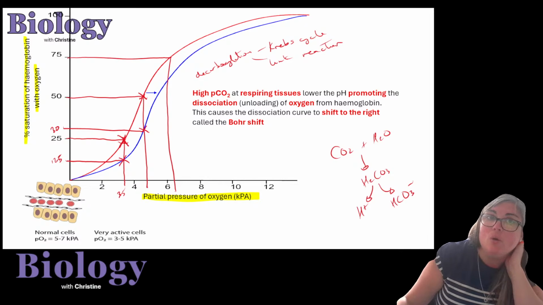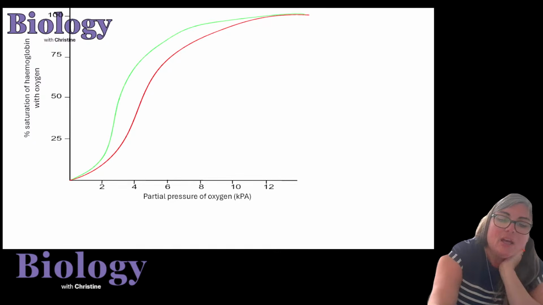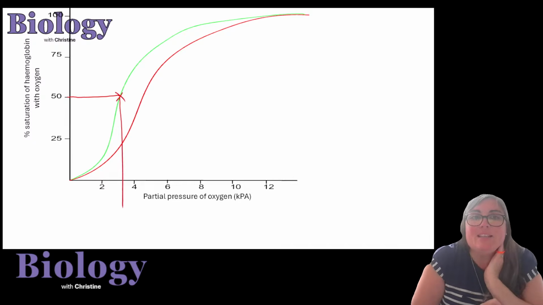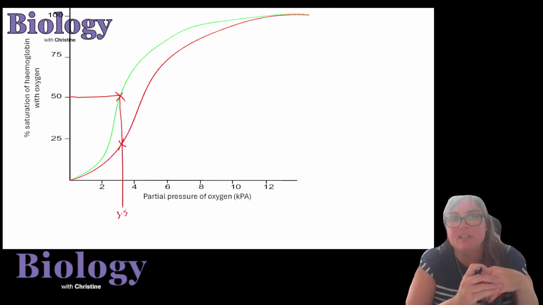And then if I go for the opposite side of things, if I'm looking at an increase in the affinity for oxygen, then I would do exactly the same thing. At 50% saturation would be at my 3.5, whereas that one is less than 25% saturated.